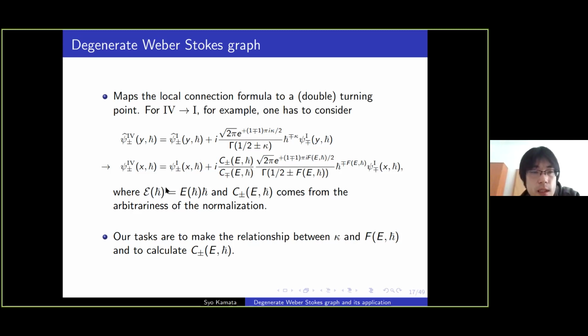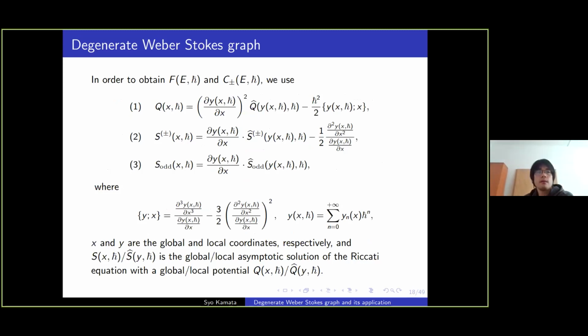We want to consider the energy starting with order h bar, so we define this energy in this form. Our task is getting the relation between kappa and F, and also calculating this C.